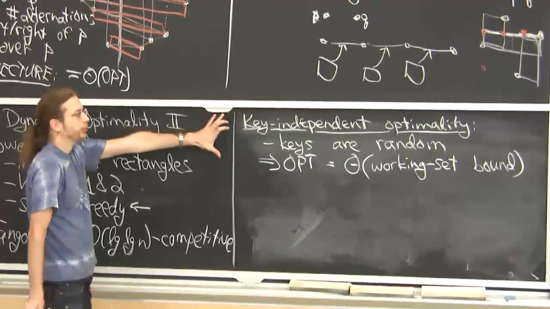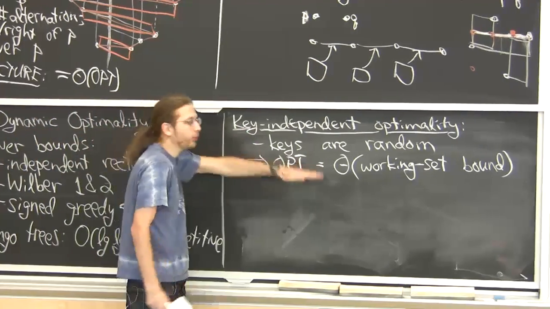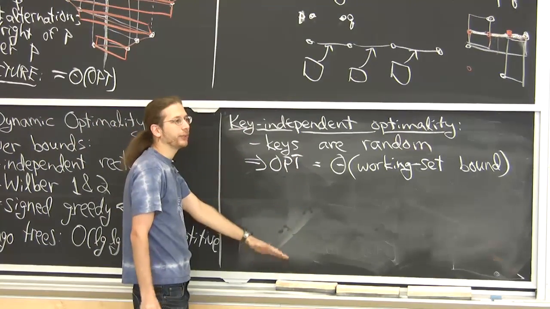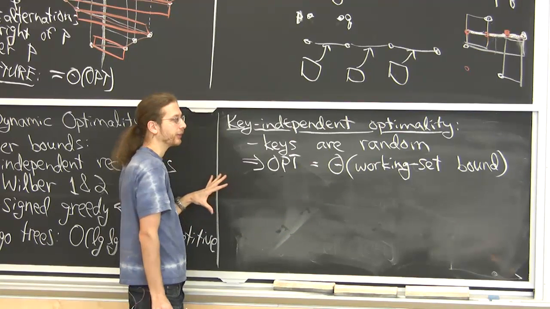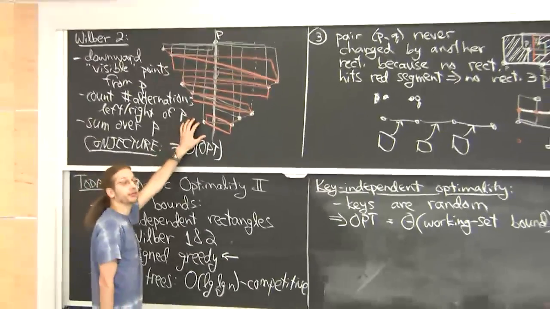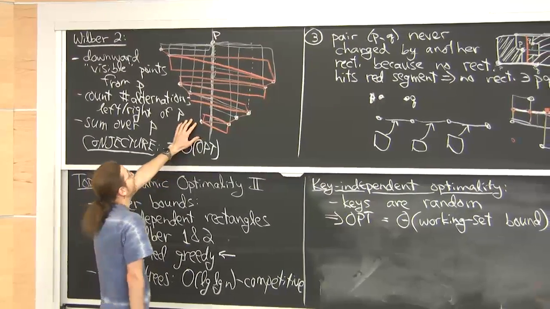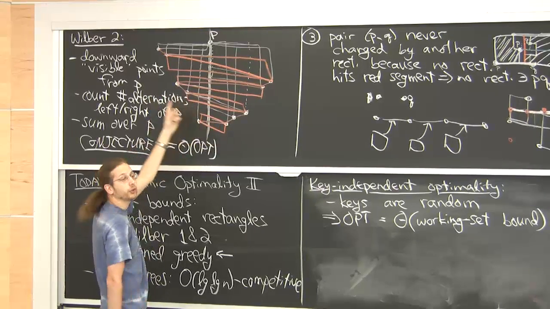And the way this theorem is proved is basically you take, so what this is saying is if we take an arbitrary point set, but then we re-randomize the x coordinates, leave the y coordinates as they are, then you can compute how Wilber 2 behaves. Because now you have a bunch of points and you're randomly shifting their x coordinate.